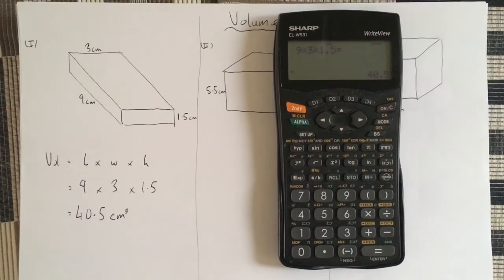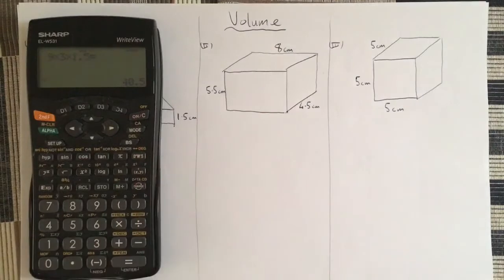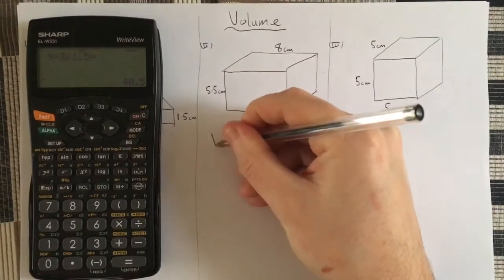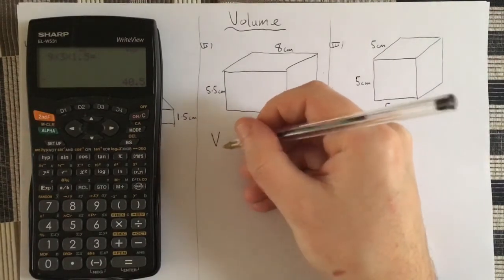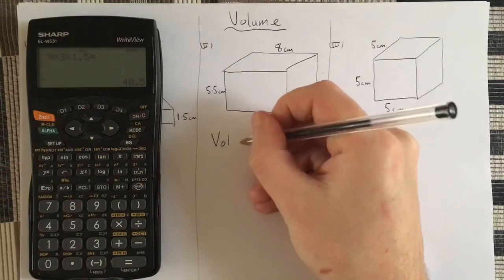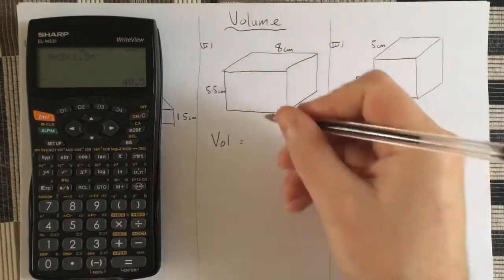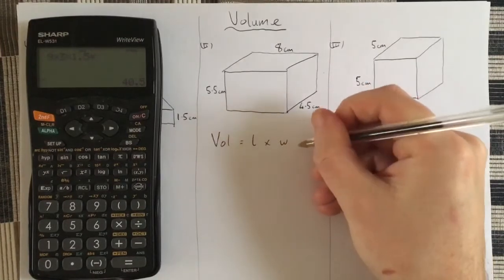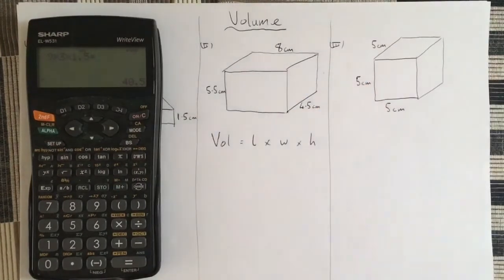If we go on to this next one over here, volume formula again. Always write your formula out, even though you're doing it on the calculator, putting as much down on the page as you can. So it's going to be length multiplied by width multiplied by height.